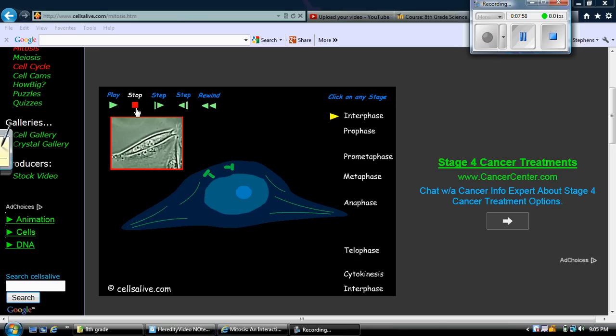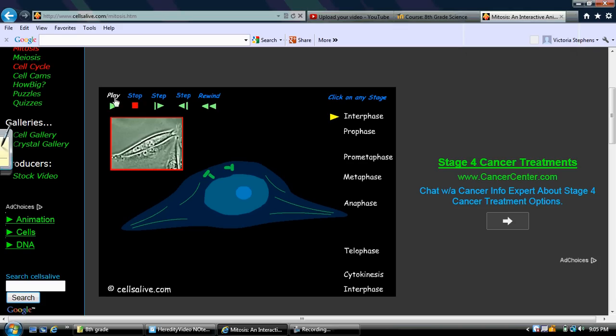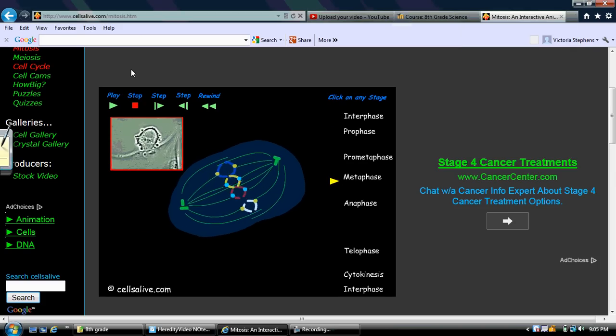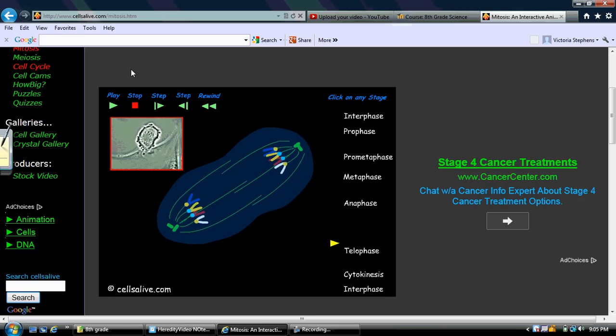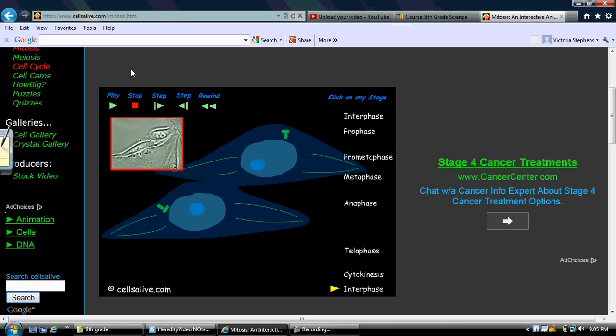Okay, so let's watch this interactive as one cell reproduces and makes two identical cells. So we start off in interphase. It goes really fast. Two new identical cells created.